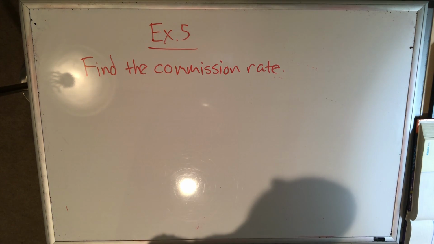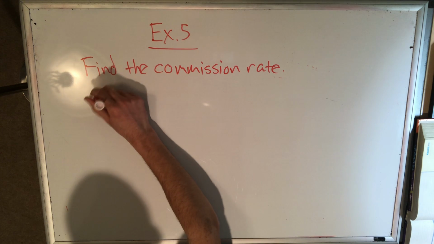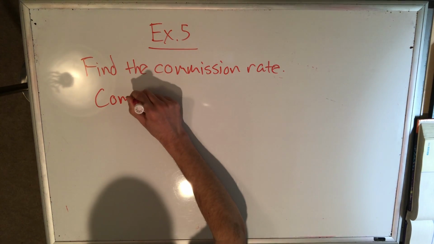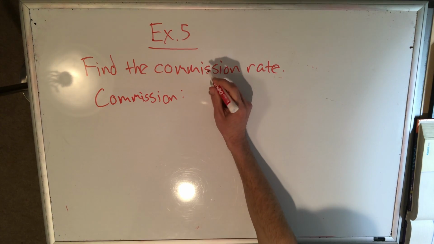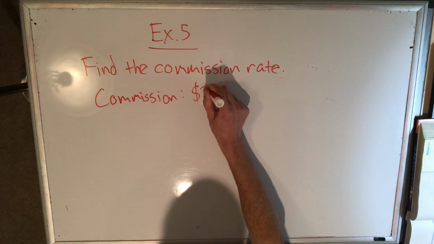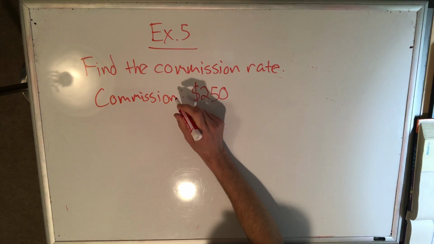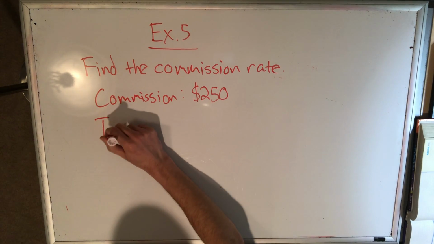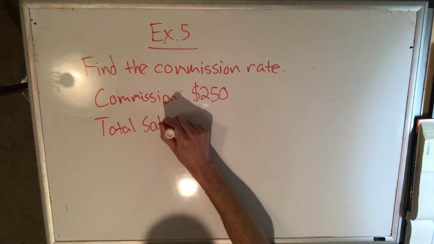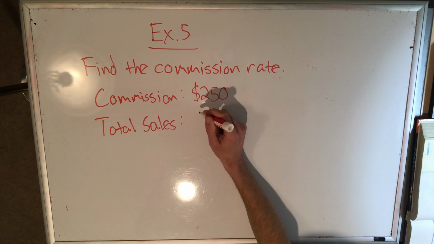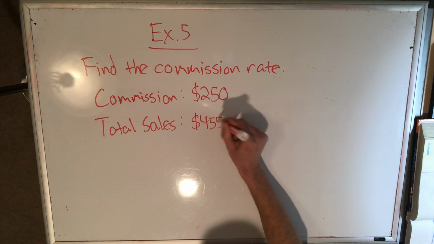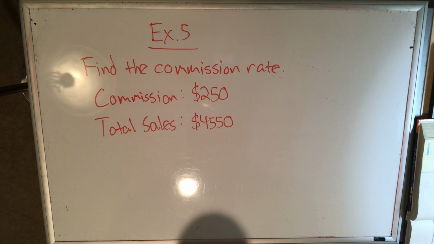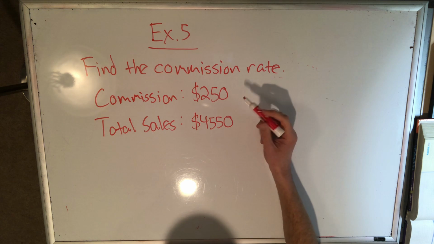All right, so let's say the commission that the salesman earns from selling the product or service is $250. And the total sales is $4,550. The products or services that he sold he obtained $4,550, but he gets to keep $250 of that. So let's find the commission rate.